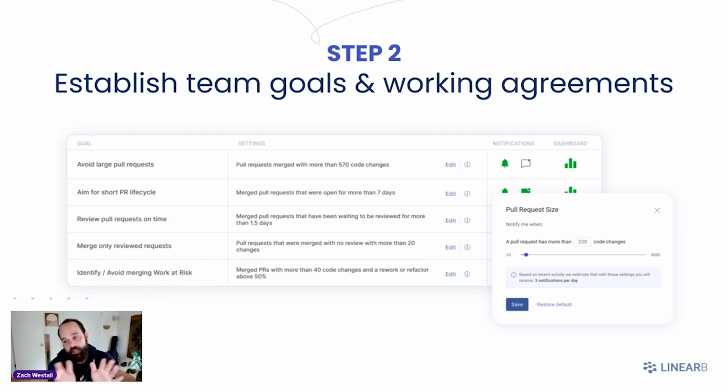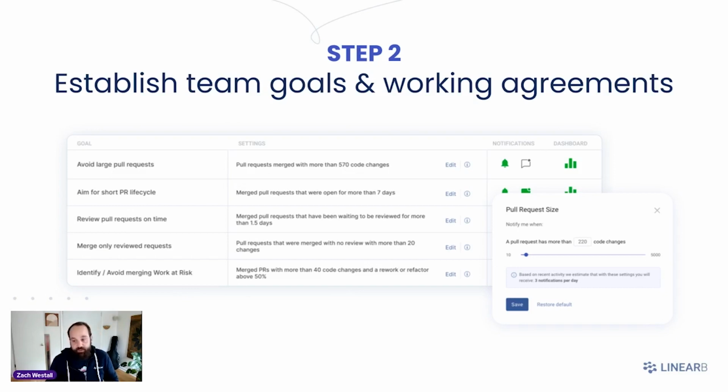The other thing is the working agreements. You know your team better than we know your team. So things that work for your team should be agreed upon with the rest of the team. So, in addition to these goals about keeping PRs small, maybe you set a working agreement that code reviews need to happen between 9 a.m. and 11 a.m. That way it frees up people for the rest of the afternoon to do their work, and removes bottlenecks.